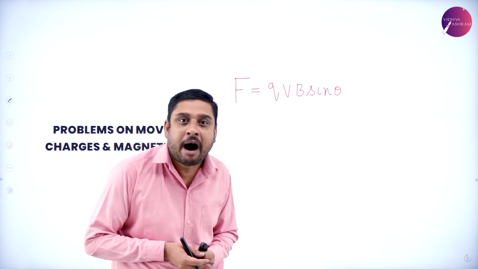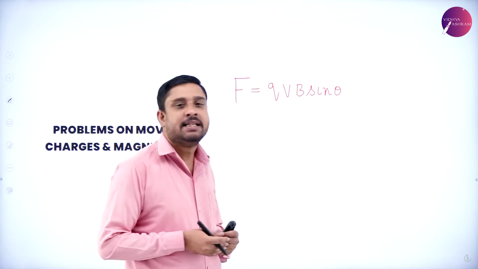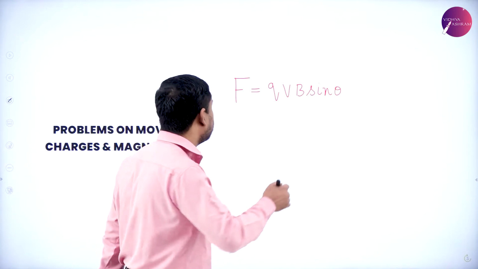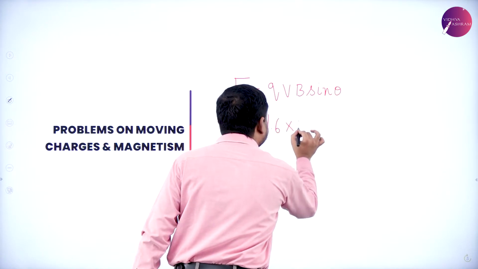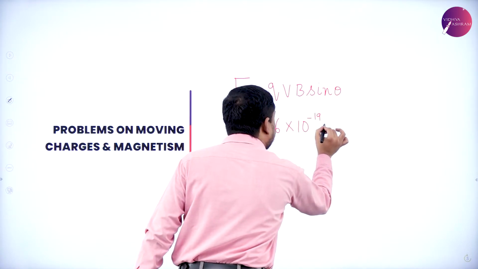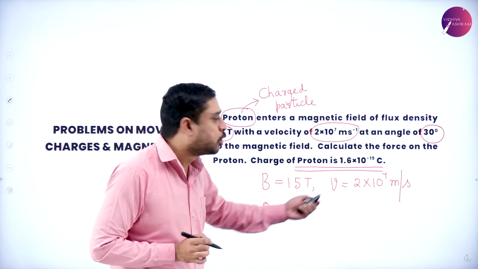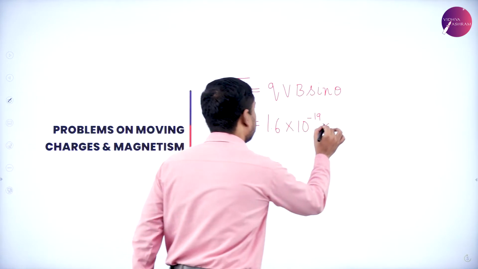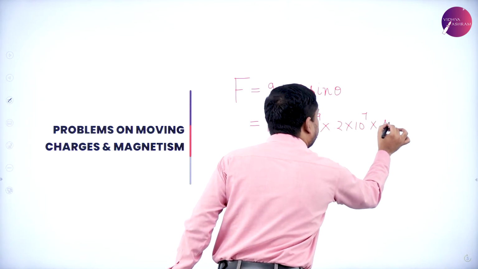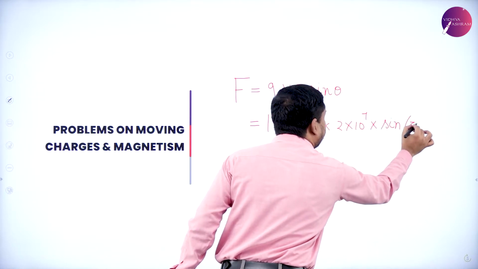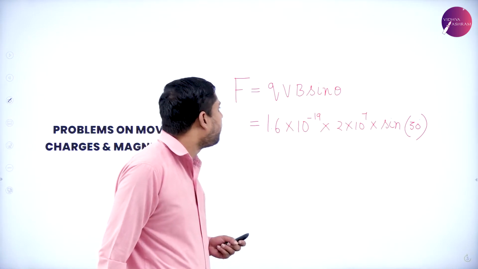For a charged particle, F equals QVB sin theta, which means Q is given 1.6 into 10 power minus 19. Velocity is 2 into 10 power 7, into sin 30. Sin 30 is nothing but half.